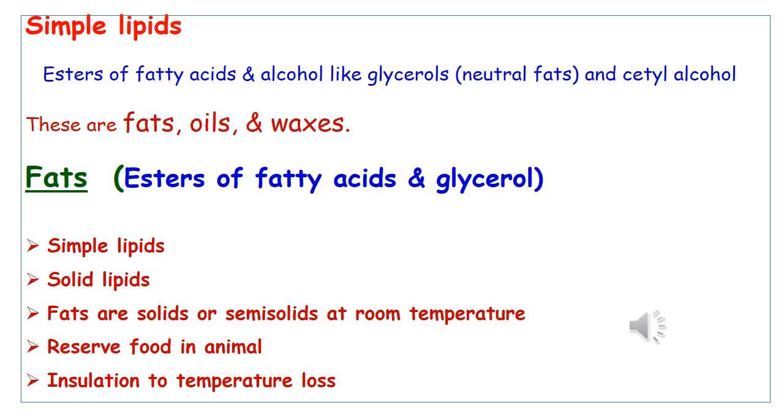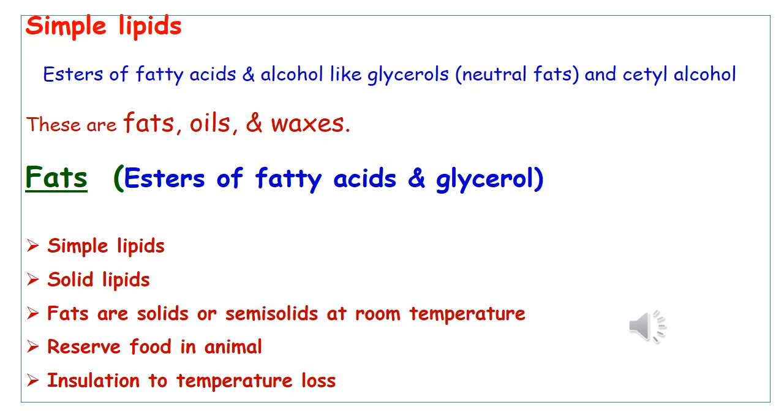Simple lipids. The simple lipids are defined as the esters of fatty acids and alcohols like glycerol and cetyl alcohols. The simple lipids are fats, oils and waxes. The first one, the fats. The fats are defined as the esters of fatty acids and glycerol.